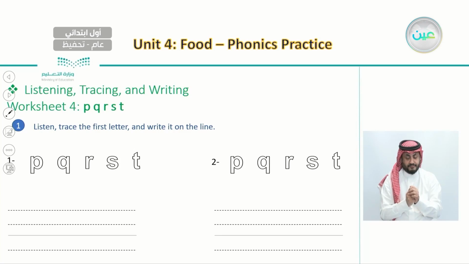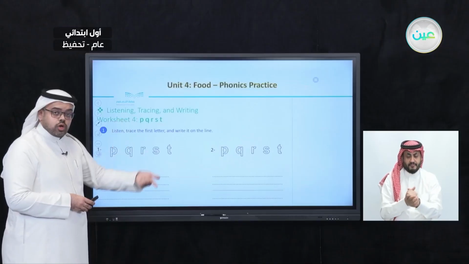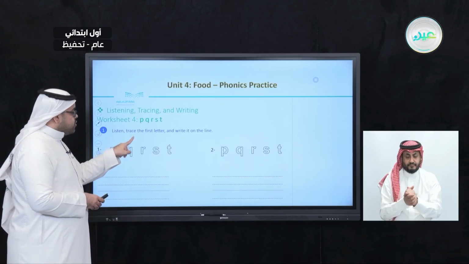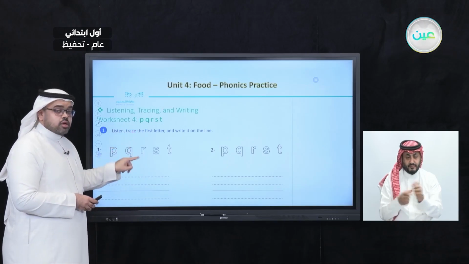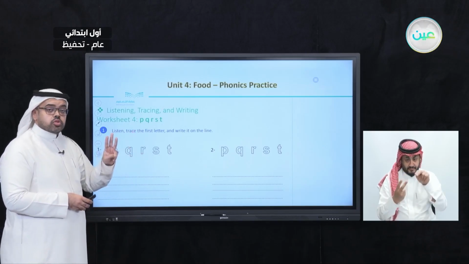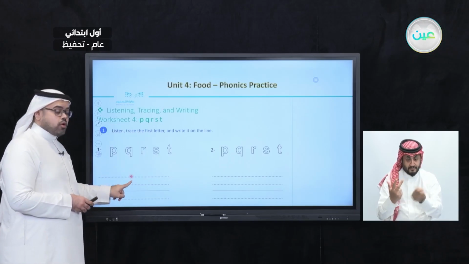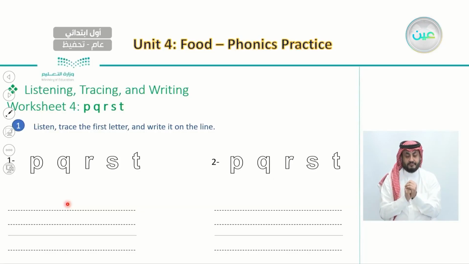Let's start with number 1. We listen to the letter, then we trace it, and after this, number 3, we write it here on the line. So let's listen to the first letter.